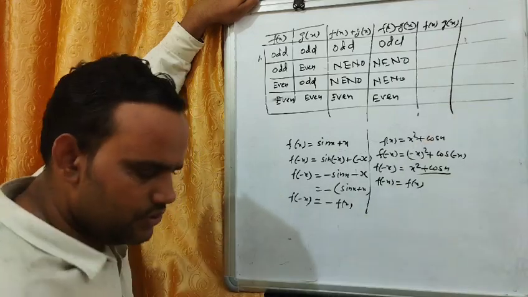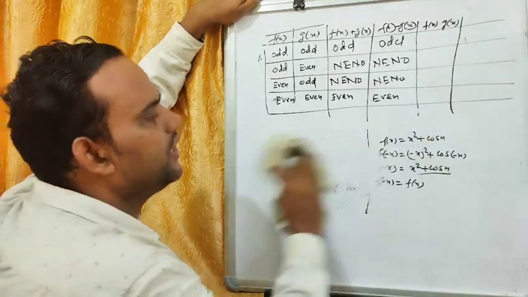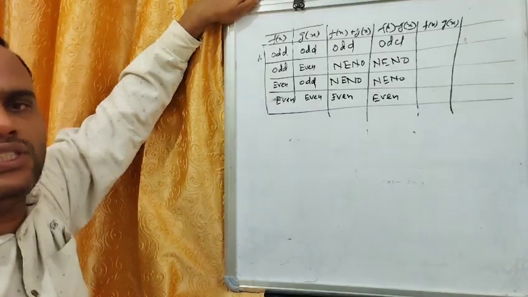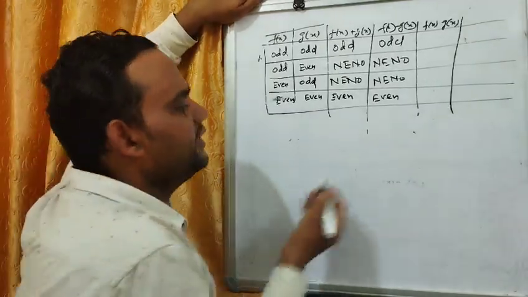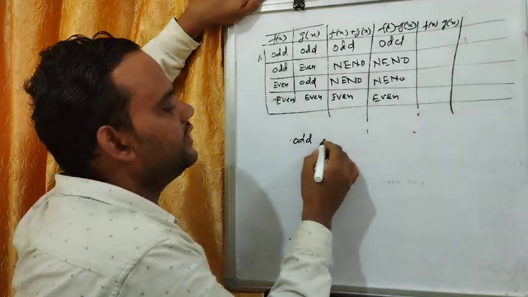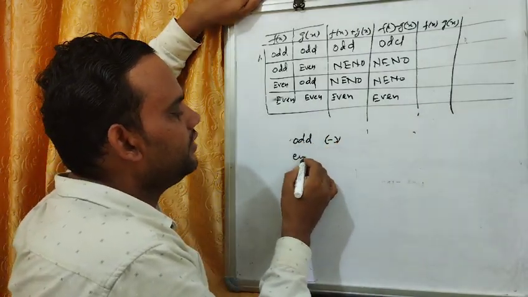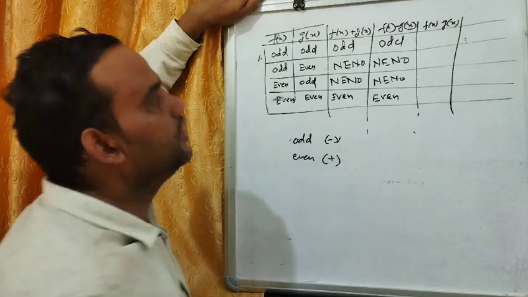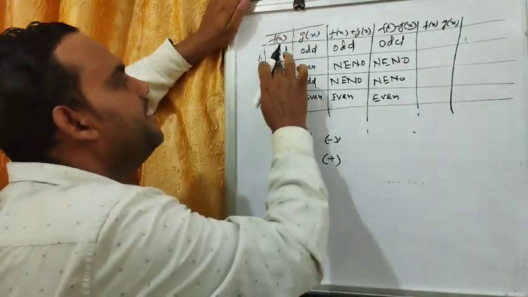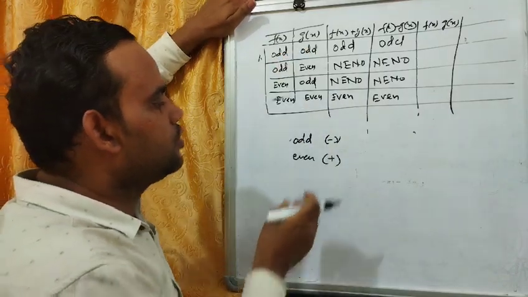Similarly, we go to f of x into g of x. This is not in general, but for my convenience, I take an odd function as a negative sign and an even function as a positive sign. So odd into odd means minus into minus, which is plus, so it is even.